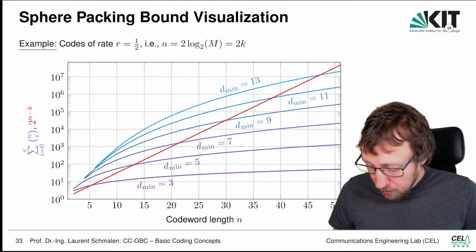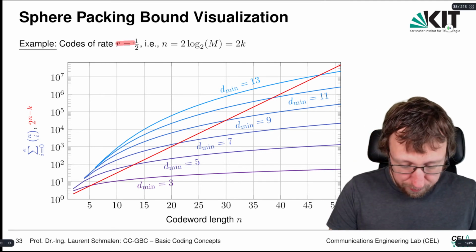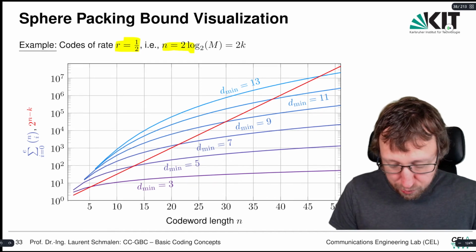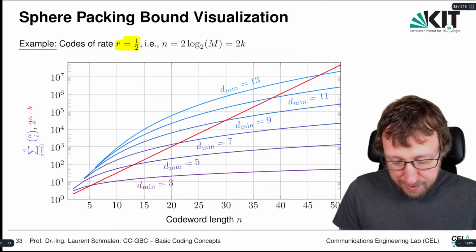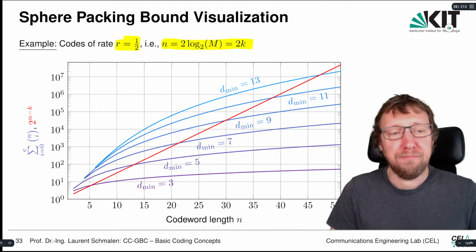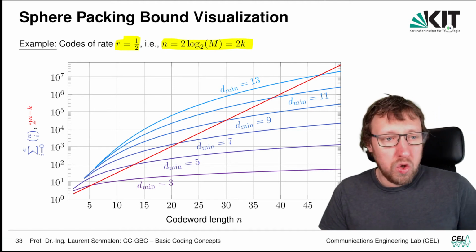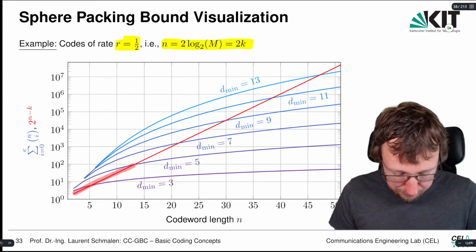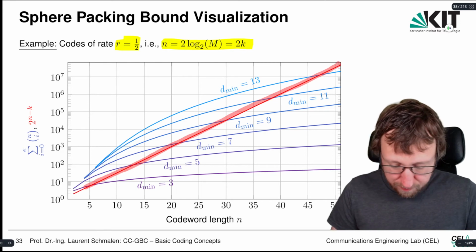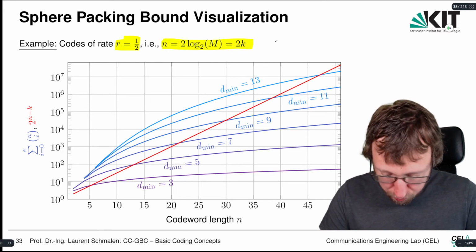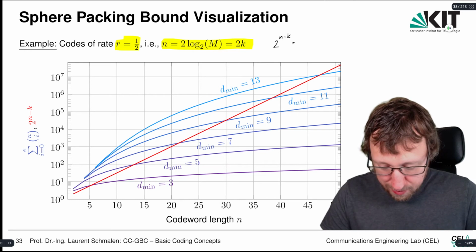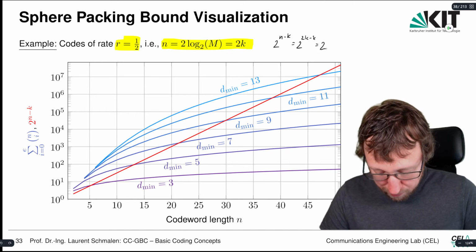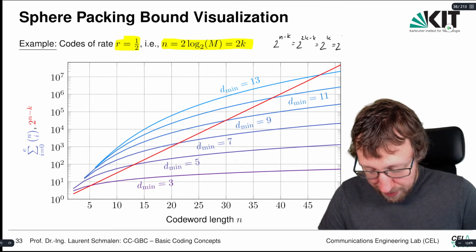So first, we're looking at a specific example, a code of rate 1/2. So n is equal to 2 times k. Then we can evaluate 2 to the power n minus k. We know that 2 power n minus k is equal to 2 power 2k minus k, so it's equal to 2 power k, equal to 2 power n divided by 2.